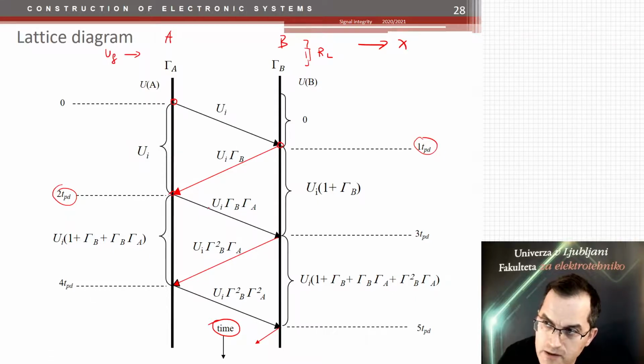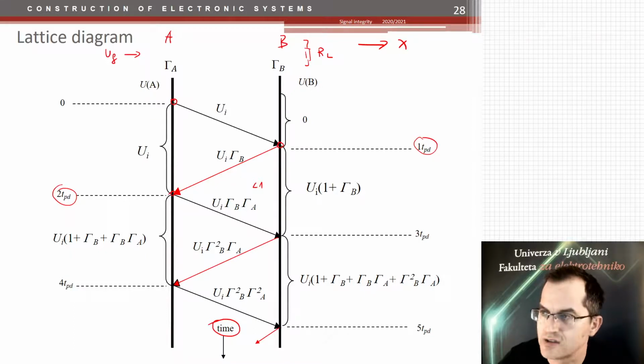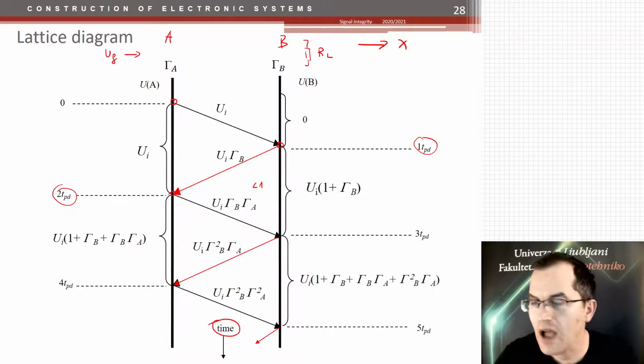This wave doesn't build up, it gets multiplied with the coefficients, but luckily the coefficients are less than 1 in absolute value. That means that the waves are getting smaller and smaller while bouncing back and forth, and they are also losing amplitude because of the dissipation on the line itself, because of the resistances which we neglected before. And that's why it quite quickly gets into a stationary state.